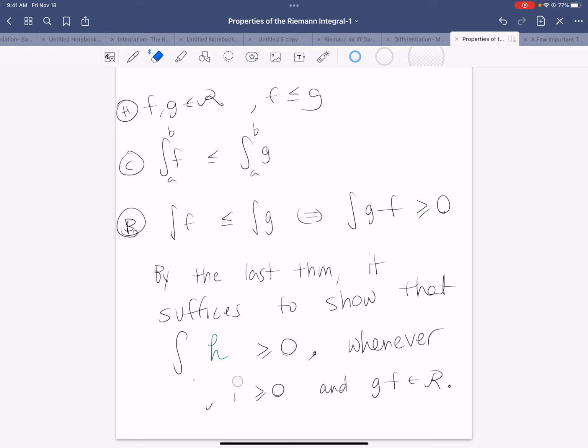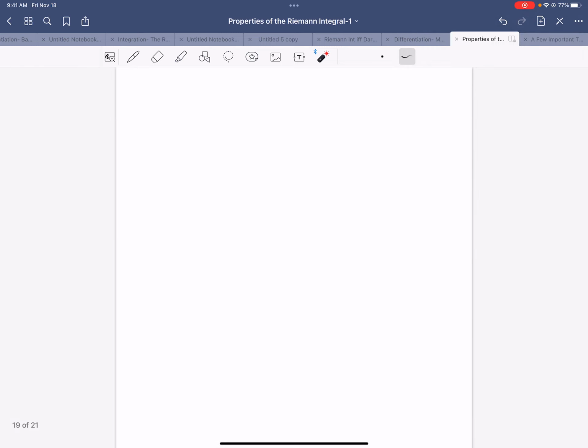So now we're supposed to prove that if h is a function that's bigger than or equal to 0 and h is Riemann integrable, then the integral of h is always going to be bigger than or equal to 0. Okay? So say h is bigger than or equal to 0, h is Riemann integrable. We want to show that the integral of h is bigger than or equal to 0.